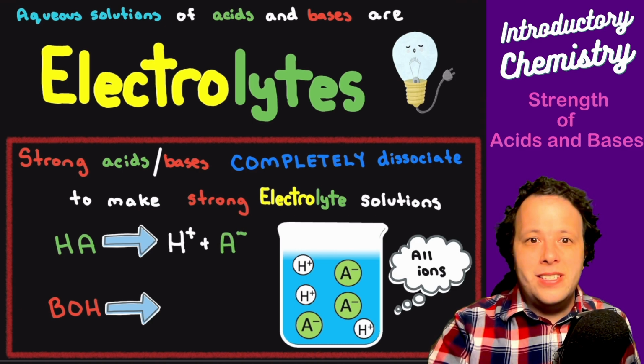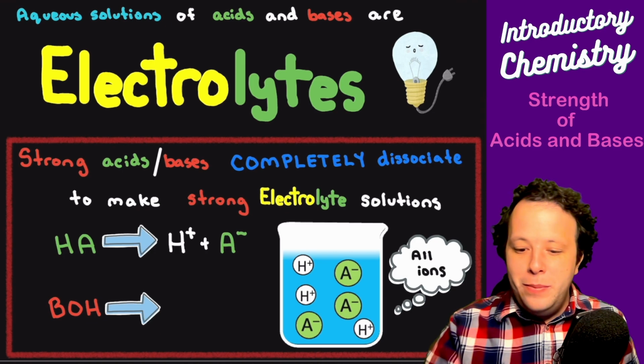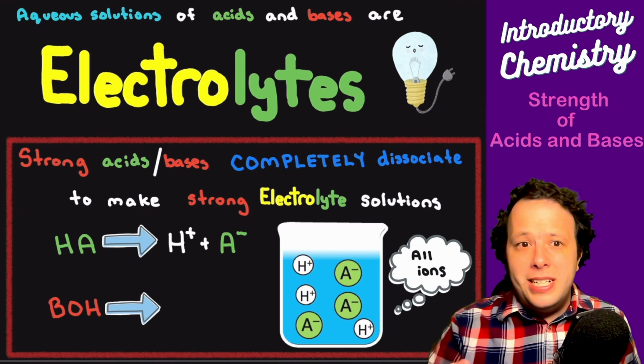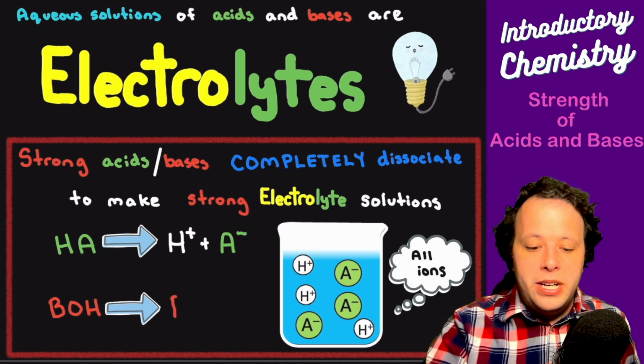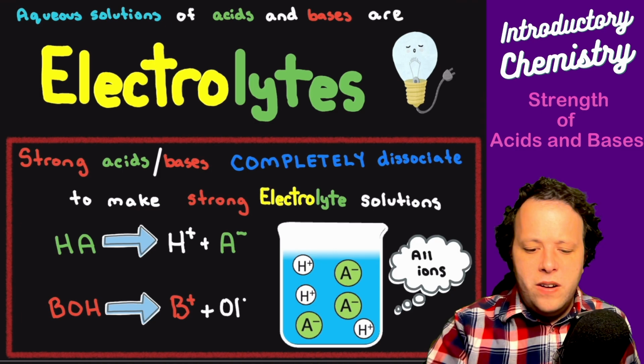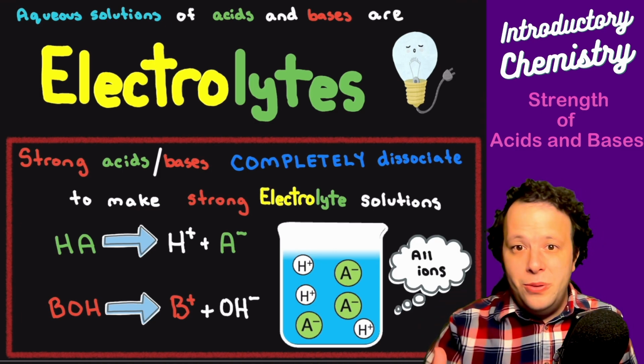So all ions, right? There's going to be no more remnants of the original molecule. And the same thing applies to bases too, right? If you throw in a strong base, let's say sodium hydroxide, you will get B plus and then all OH minuses in solution. They completely dissociate.